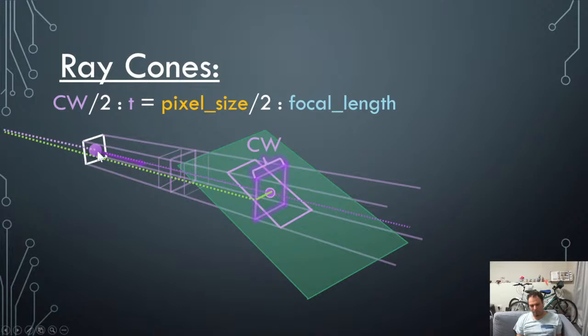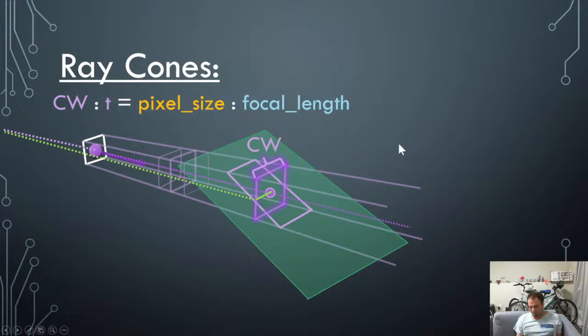The one from the pixel backwards onto the origin where the camera is, and then there's this proportion, because from here backwards to where the camera is, the focal length, and you do this similar triangle thing, you get this proportion.